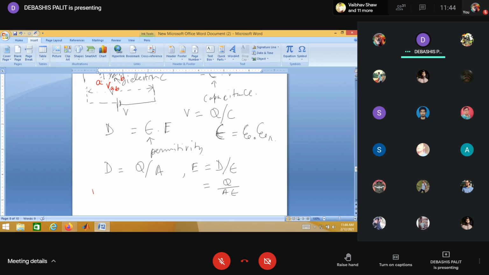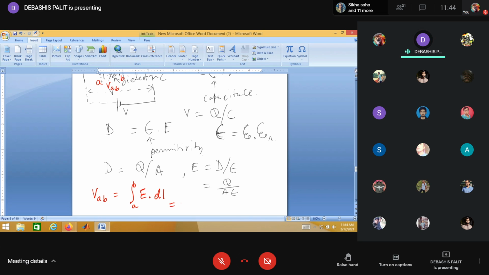So VAB is the line integral of the electric field intensity, that is nothing but the field intensity into the distance over which you are considering the integration limit, A to B. So the electric field intensity into the effective length, the separation distance.